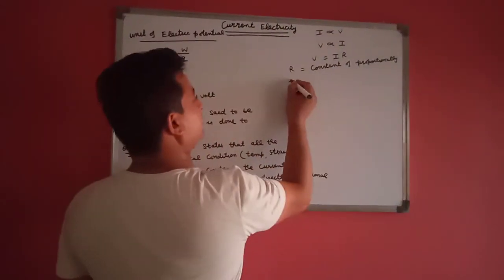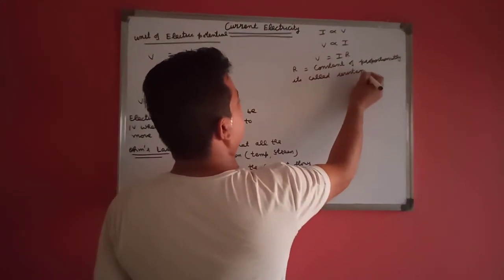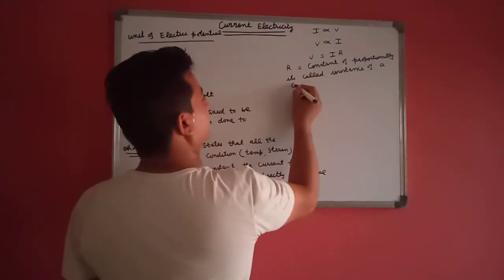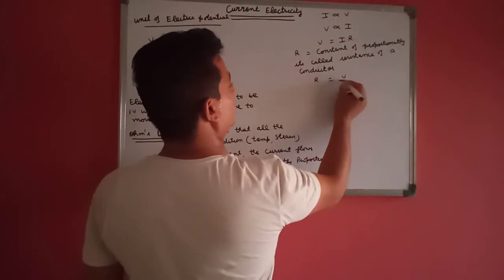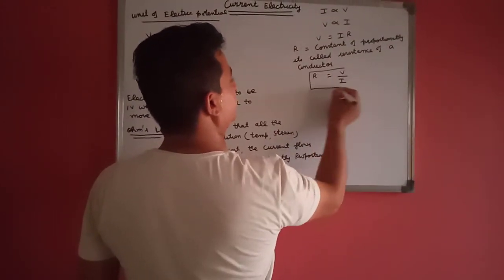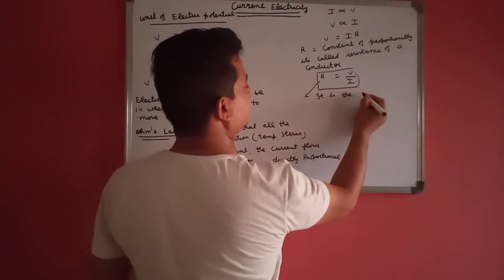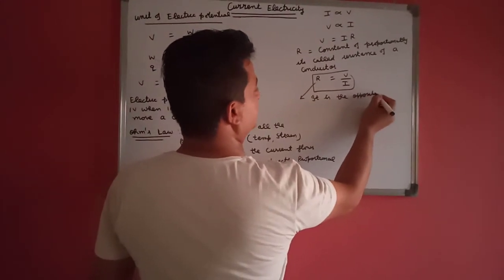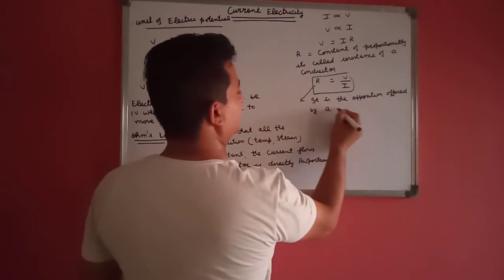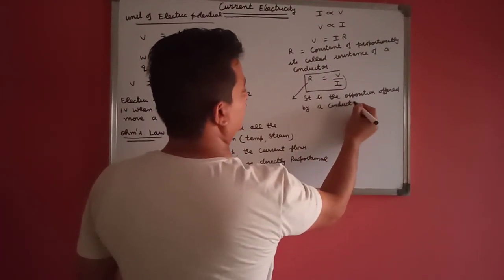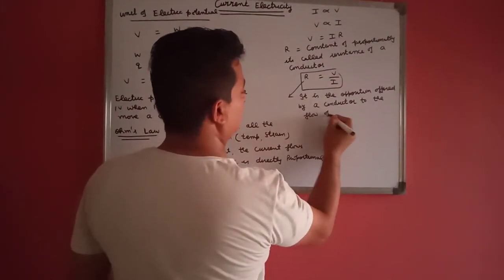It's called the resistance of a conductor. That's R is equal to V upon I. Definition: it is the opposition offered by a conductor to the flow of current.